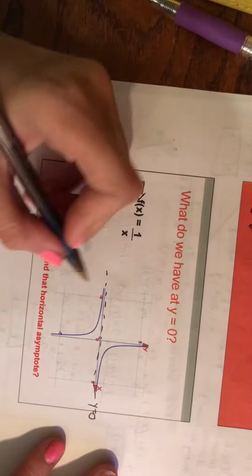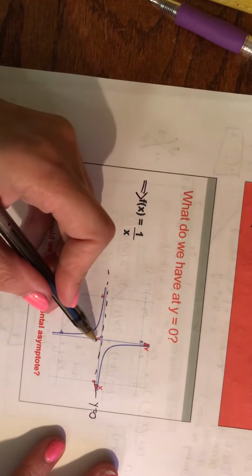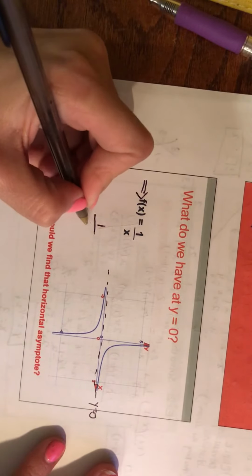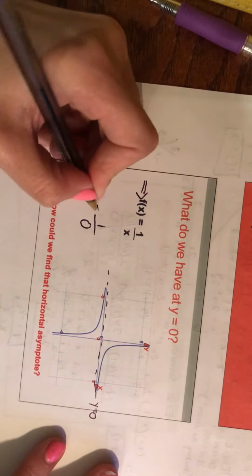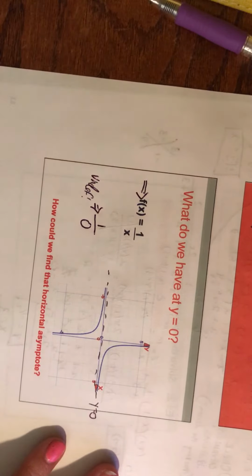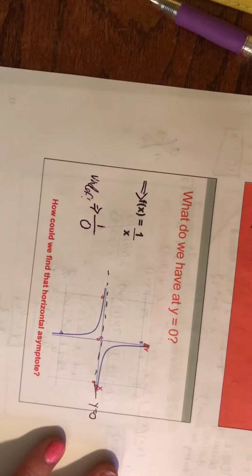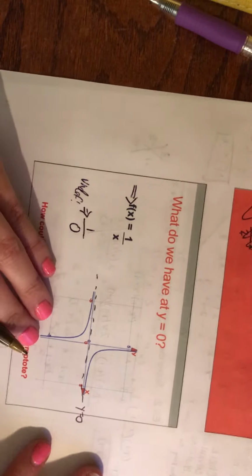You can pause the video and think about it for a second. We know it's at y equals 0 because we can visually see it. If your x value is 0, this is going to be undefined. So maybe it has something to do with this down here. Maybe it doesn't. Let's see.